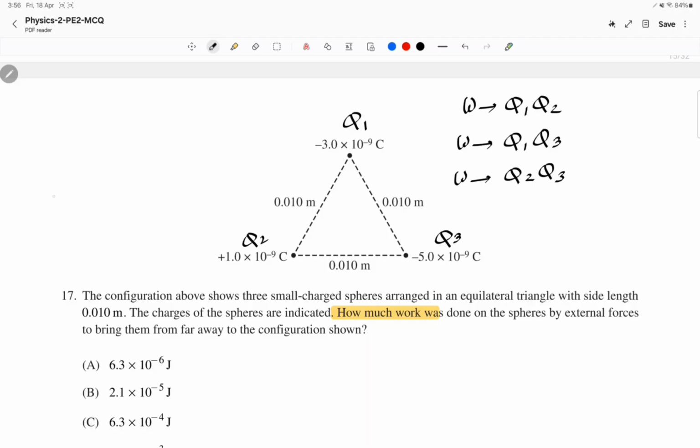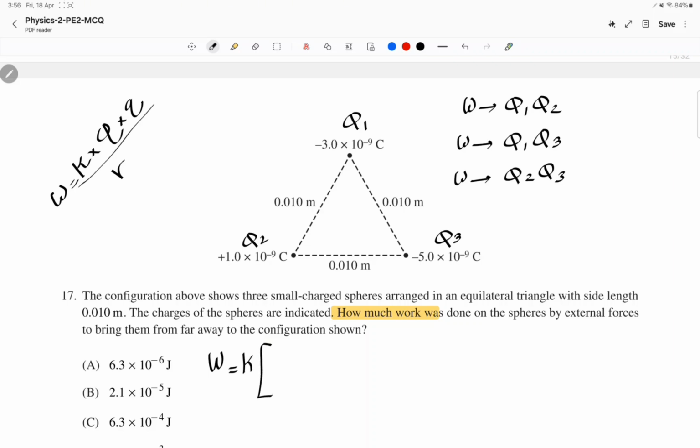Now, what's the equation for work? K, Q times the other Q over R. So all the works here have K in them, right? They all have K. So I'm just going to put the K outside.